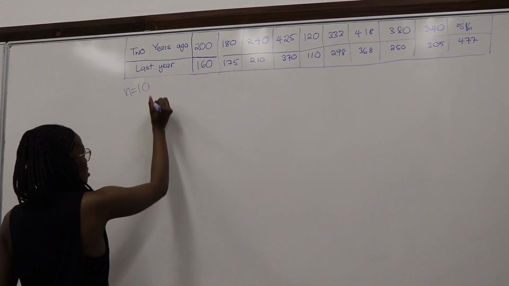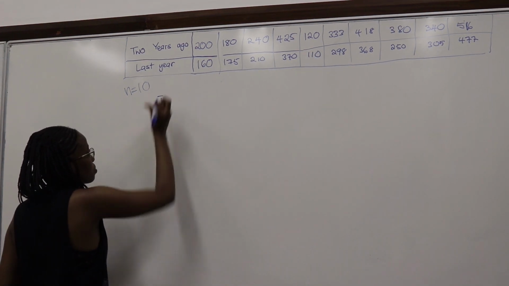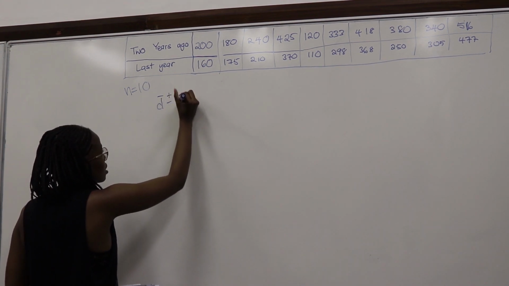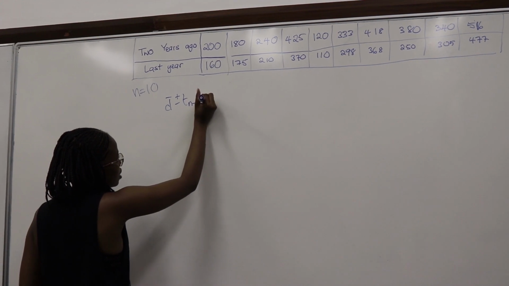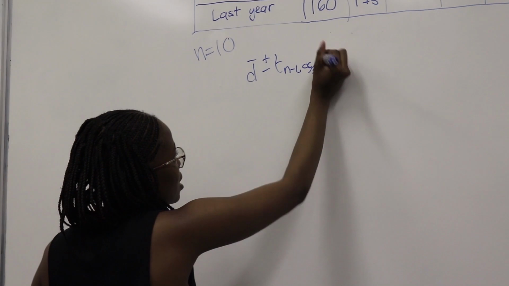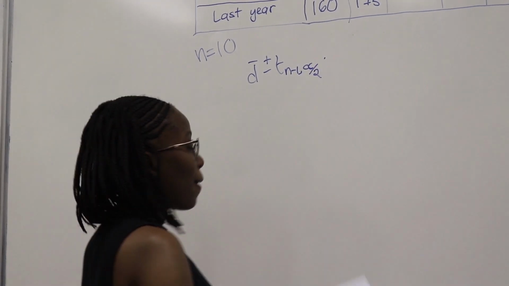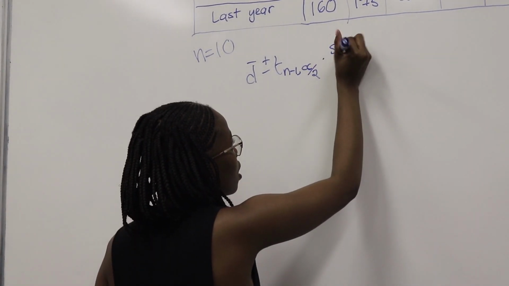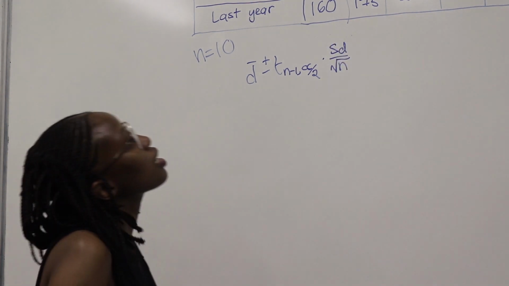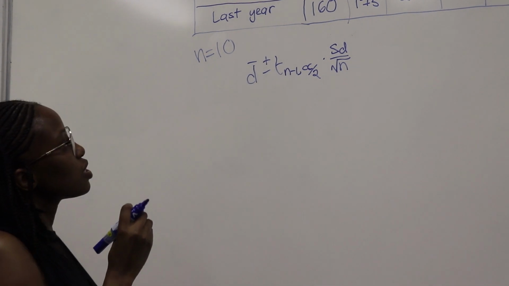So we're going to use this equation, which is d bar plus or minus t n minus 1 of alpha over 2 times SD over root n.